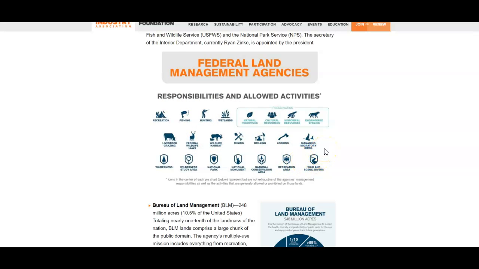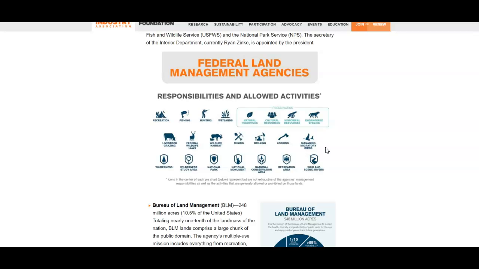And each land will have its own specific regulations about what's allowed and not allowed. But for example, you will not see timber harvesting on national park land. And of course that makes sense because the National Park Service was born out of the preservation philosophy, and those values have been imbued in that agency since its beginning.